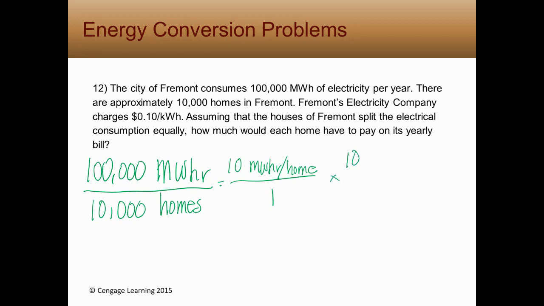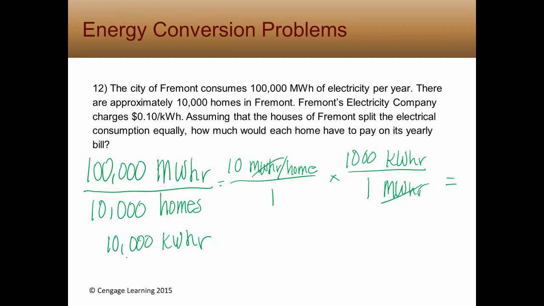Multiply that by the 1,000 kilowatt hours, 1 megawatt hour, which would cancel this and cancel this, gives us 10,000 kilowatt hours per 1 home times 10 cents for every kilowatt hour.